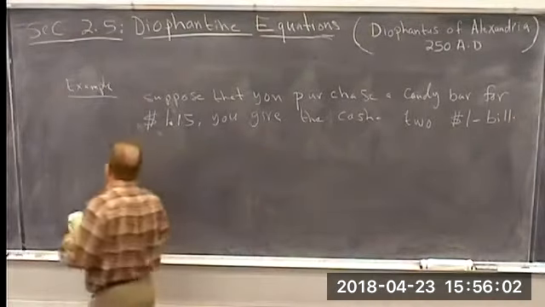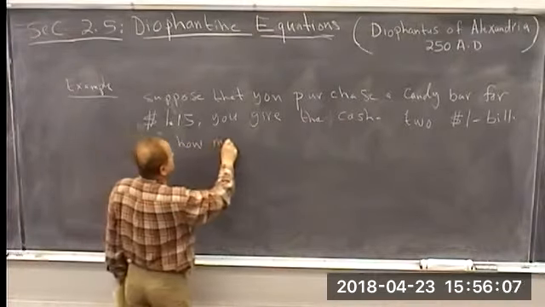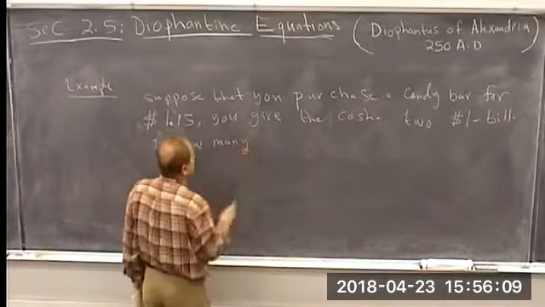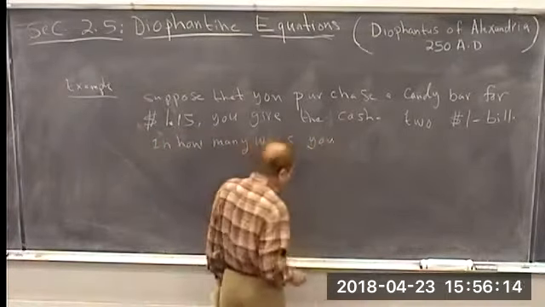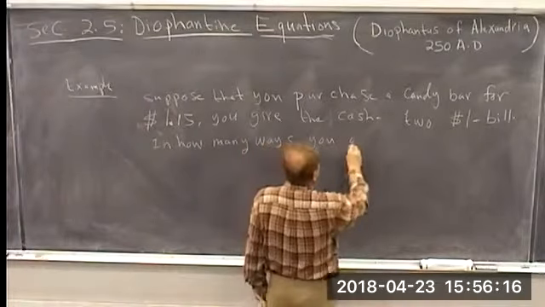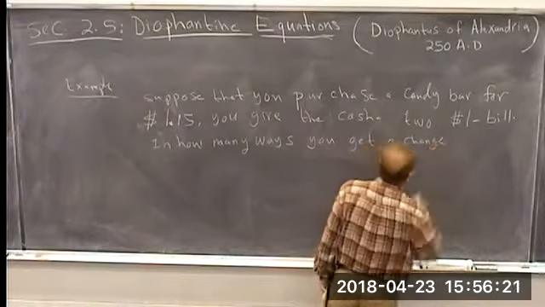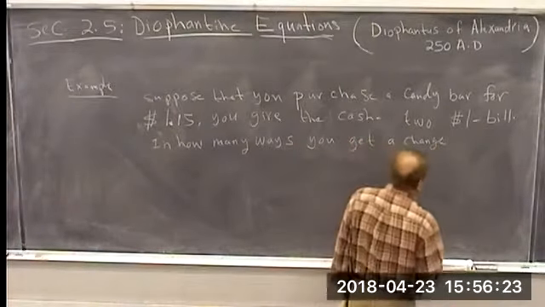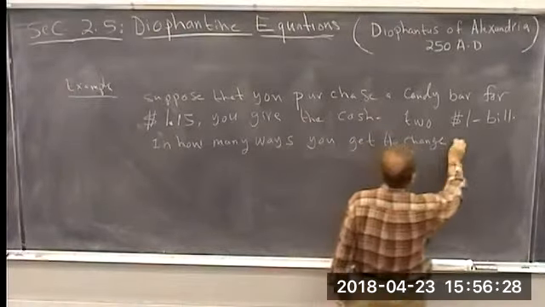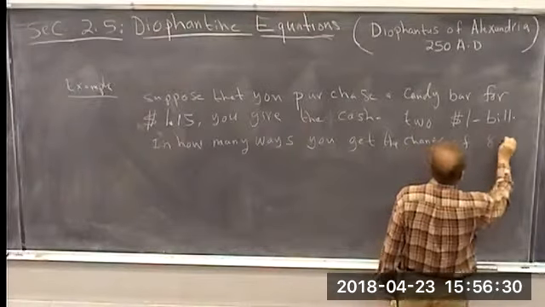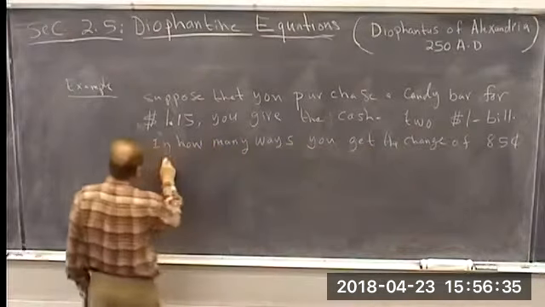Now the question is, in how many ways can you get the change you are supposed to get, which is 85 cents, get the change of 85 cents in dimes and quarters.